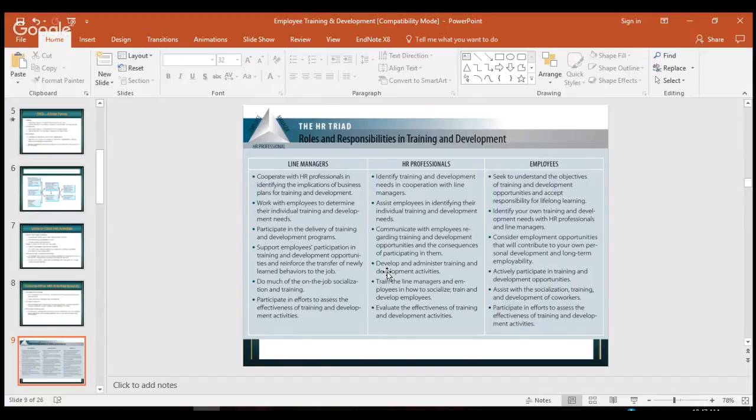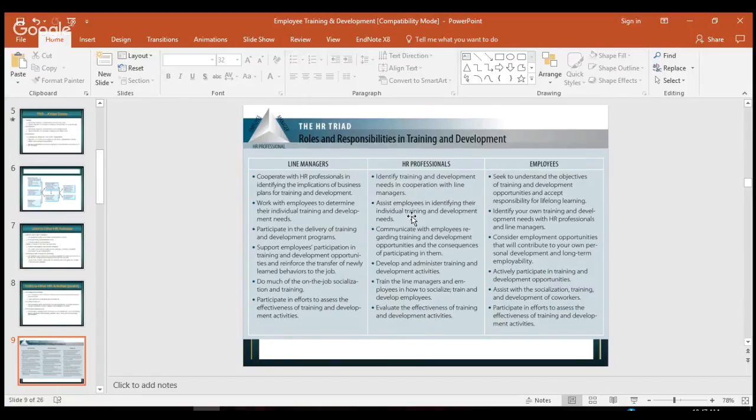It could be online also. Fourth, develop and administer training development activities. Again, this would be tied to the overall strategy of the organization. Train line managers and employees on how to socialize, train, develop employees, and evaluate the effectiveness of training and development activities.